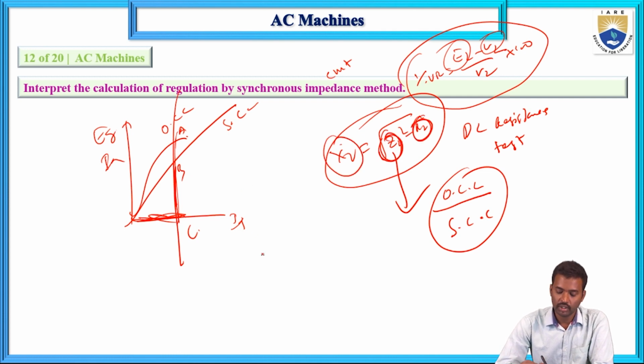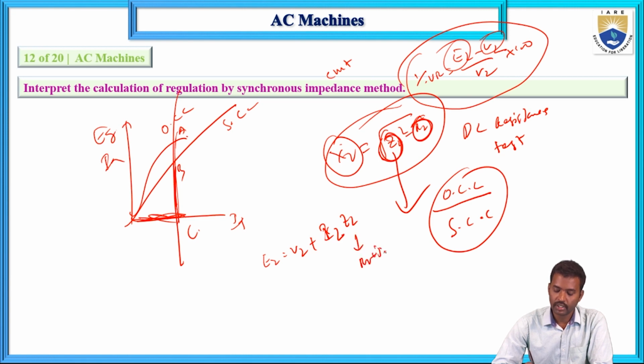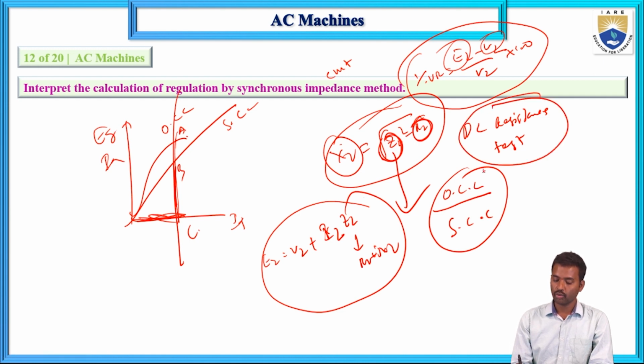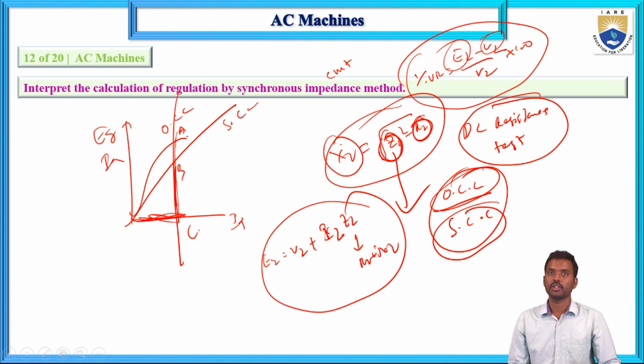And there is the formula E2 equals V2 plus I2 Z2, if you know the current I2, where Z2 equals R2 plus jX2. In this way, the regulation can be calculated using the synchronous impedance method. To perform this method, you need to conduct three tests: first the direct resistance test, the open circuit test, and the short circuit test.